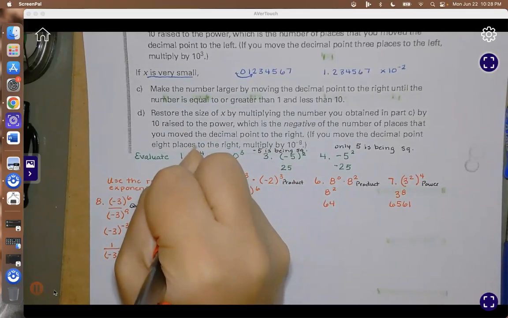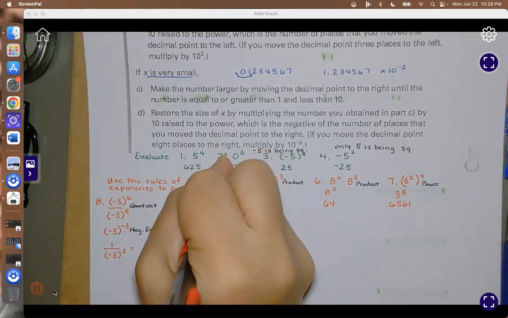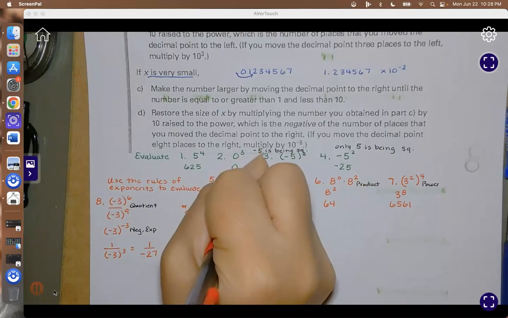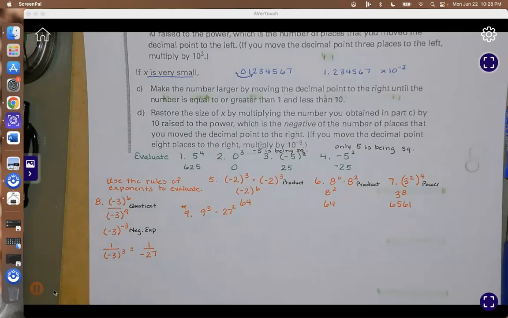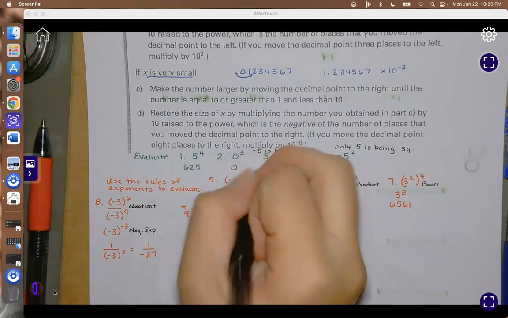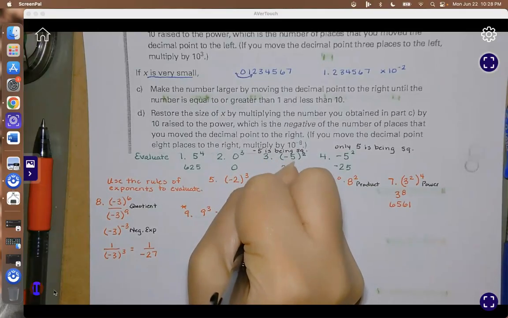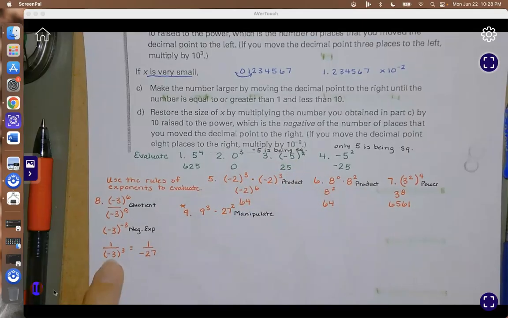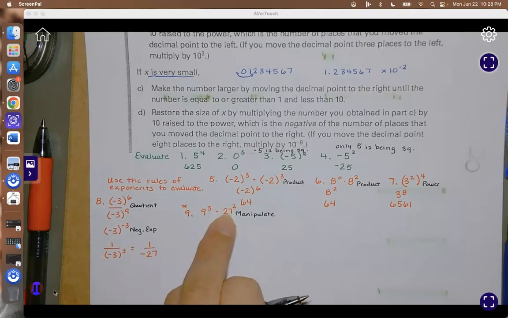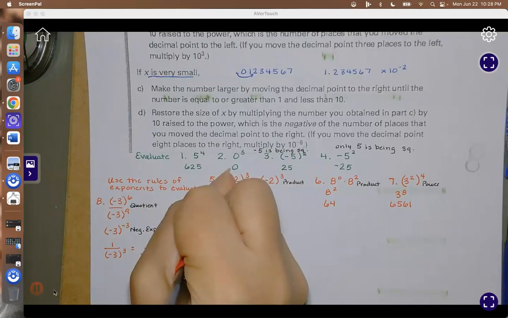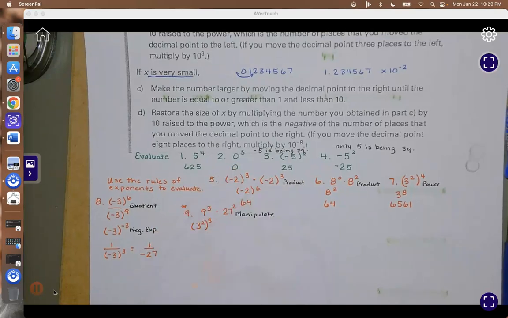All right. And problem 9. I'm going to put a little star here. Okay, if we're supposed to use the rules to help us, the first thing we have to do is manipulate this one. We need to have the same base. And in this last problem, we could see that 3 cubed is 27. And we know that 3 squared is 9. So what we're going to do is make this 3 squared, which is 9. And we have that 3 on the outside.